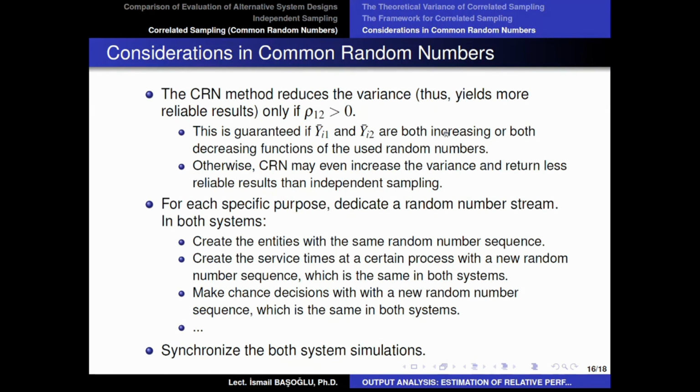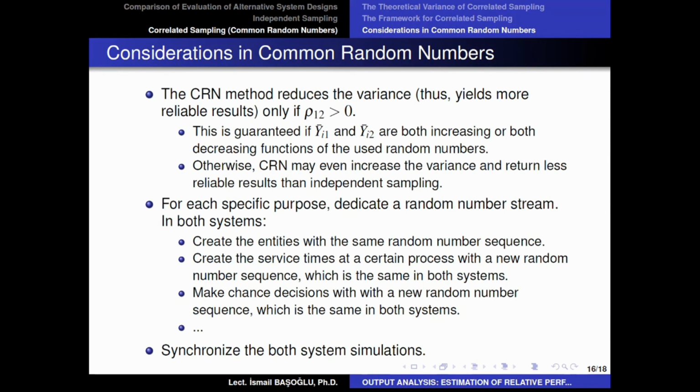So if we have monotone functions that convert the random numbers into outputs, and random variate generation using the inverse transformation technique is a monotone transformation. It is either an increasing function or decreasing function. In most of the simulations, the effects of the input variables are going to be consistent in the output variables.